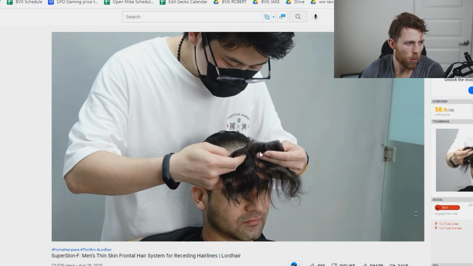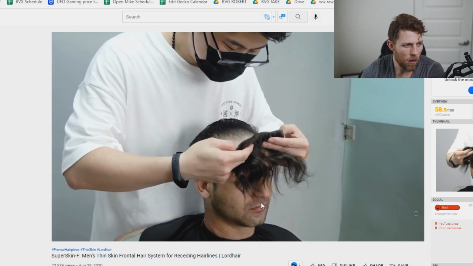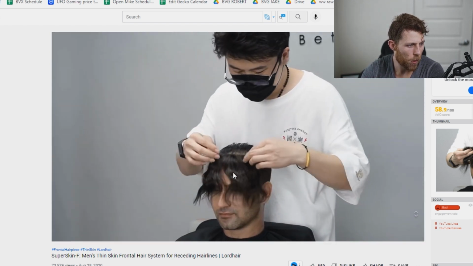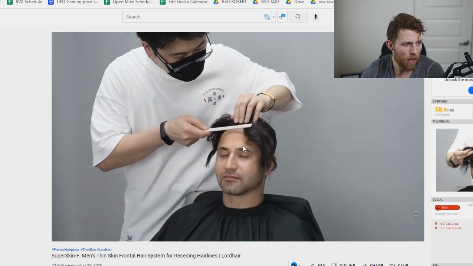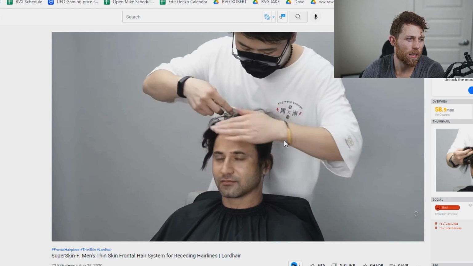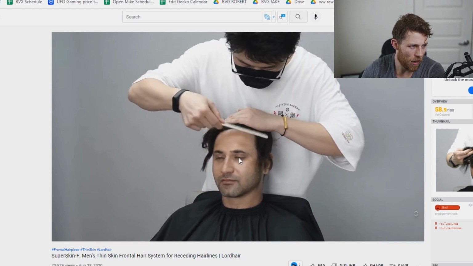Instead of a hair system which would come all the way back over here, a partial system is something that covers basically your temporal region, your hairline region. Could be a different area, but for this, we're seeing that he's getting something installed in the front, which is going to replace his hairline, and it's going to attempt to match up with his natural hair, both on the sides and behind his hairline.